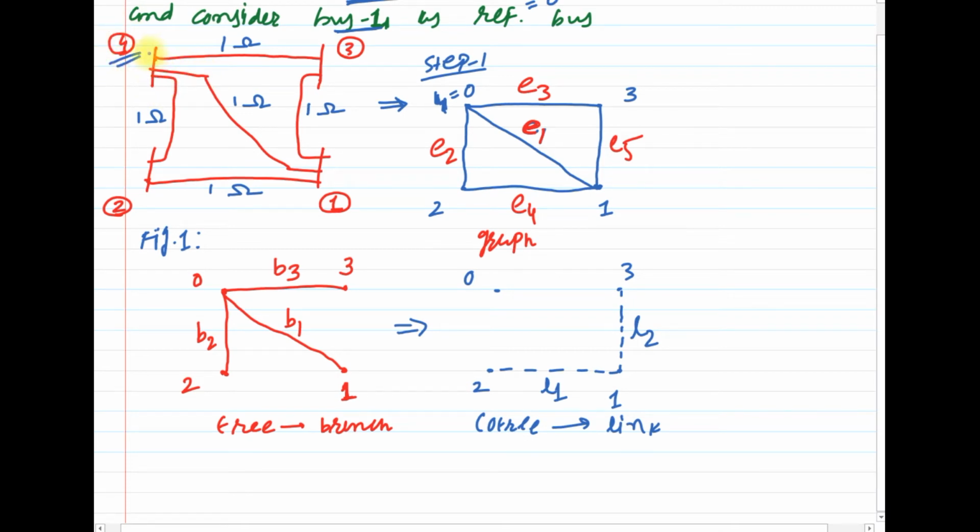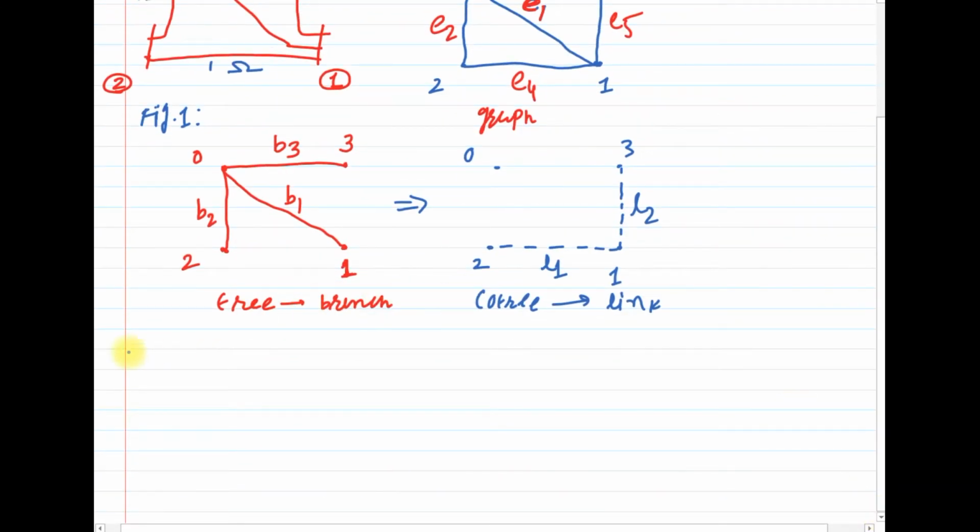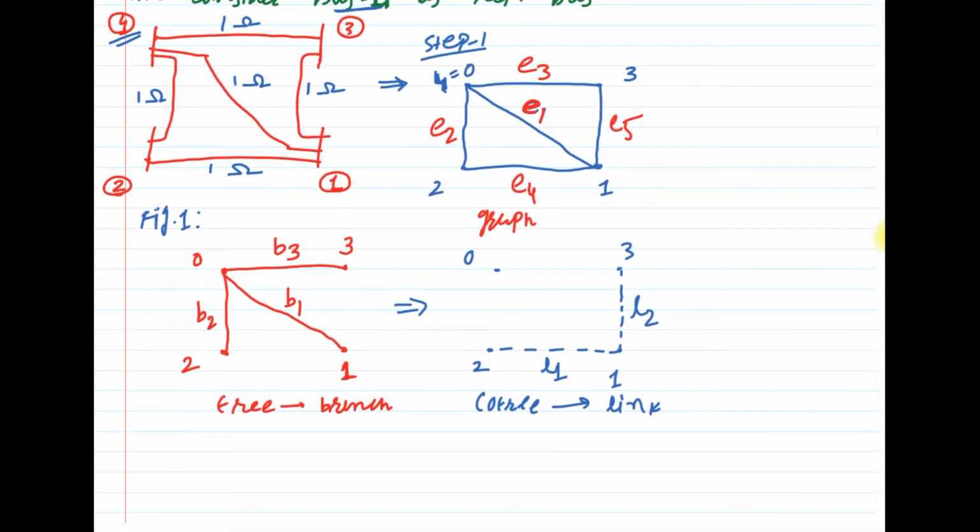For such kind of diagram, if the generator is not specified, then the reference bus number is given to you, and if it is not given, just keep in mind you have to consider the highest numbered bus as your reference bus. Why? You will see after solving such kind of example. The reason you have to find out by yourself. Okay, so I hope you have clear the first step of our example.